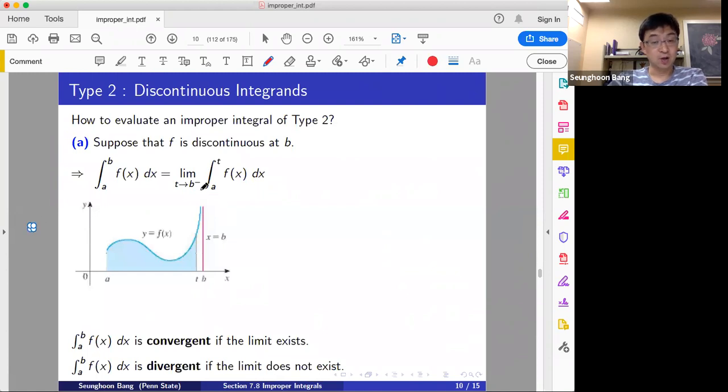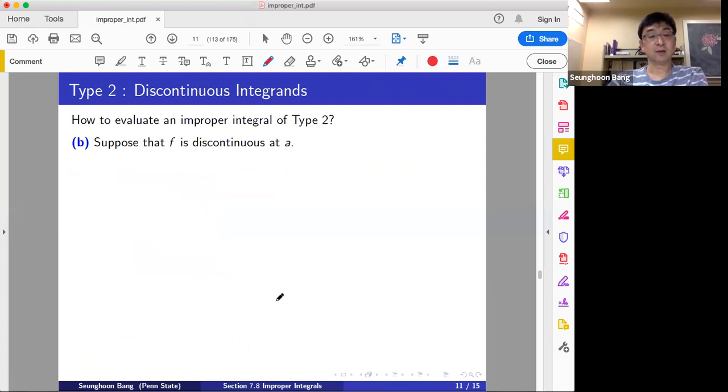What does it mean? You calculate the definite integral, take the limit, and the limit value is infinity, minus infinity, or oscillating. So the improper integral is divergent.